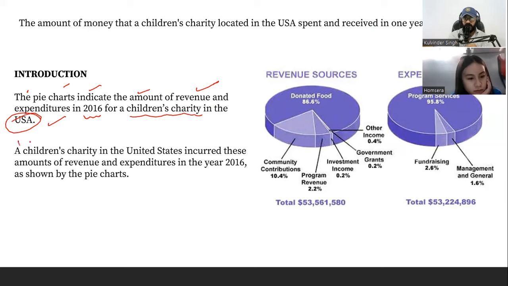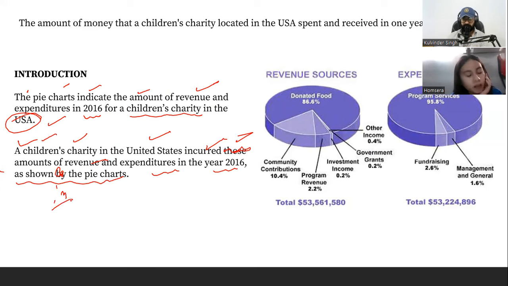The second one says a children's charity in the United States incurred these amounts of revenue and expenditures in the year 2016, as shown in the pie charts. Understood? All right. Now I'll give you one question to do by yourself as well. But I'll help you out, so don't worry about that.